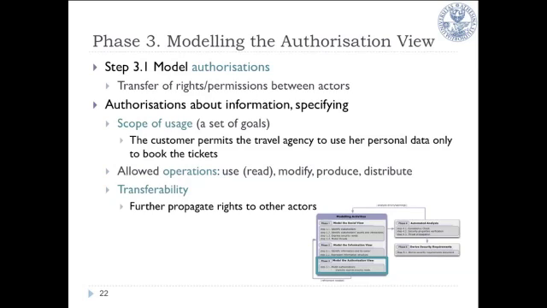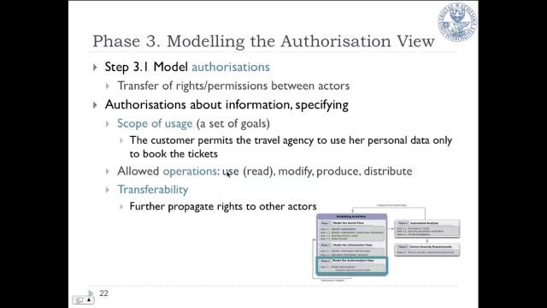So in the case of the tourist, he would permit the travel agency to use his personal data only for the scope of booking the tickets, but not for any other purpose that the agency might have, such as for publicity use or for statistical analysis. So he wants his data only to be exploited for the purpose that he wants to achieve.